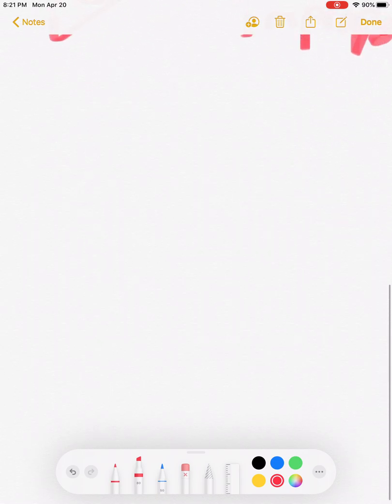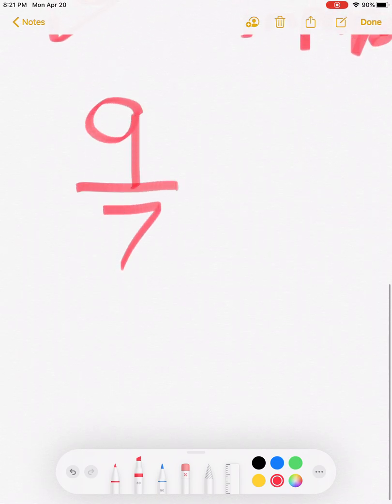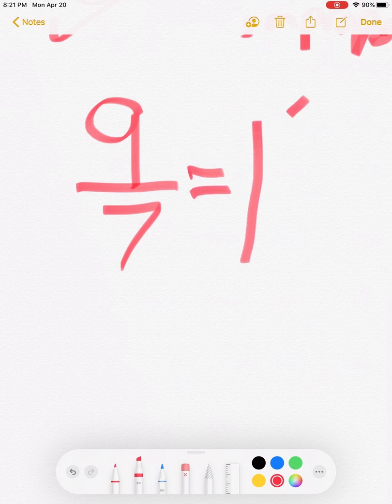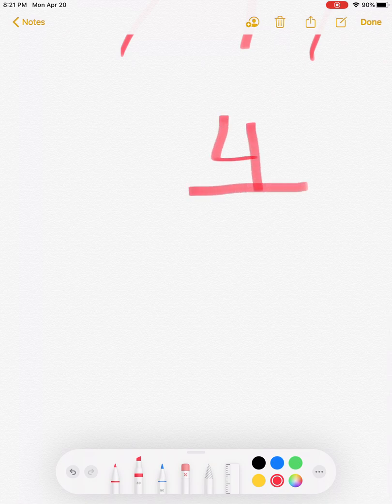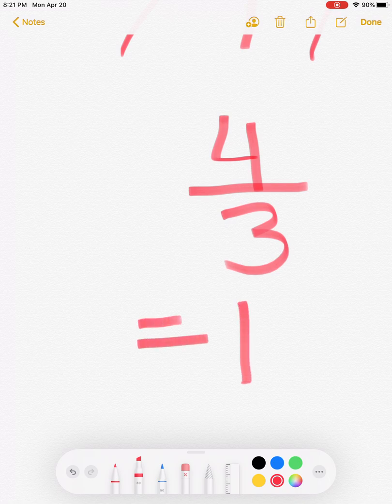Now, if we had that fraction, 9/7, we need to fix it, and it would become 1 2/7. Remember that? So if a fraction is improper, that means the numerator is bigger than the denominator, and you have to make it a mixed number, 1 1/3. Okay?